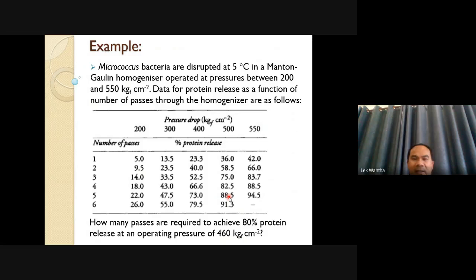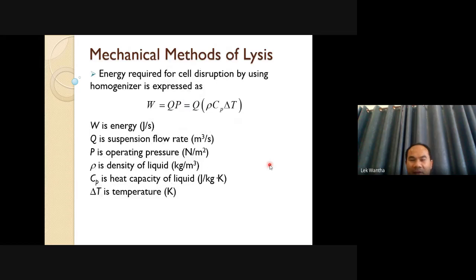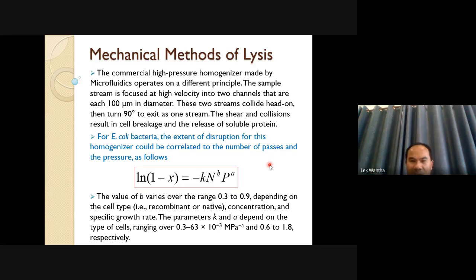The best technique is to calculate with the equation. You have to calculate K and A, because it is a function of N and P, from the experimental data, like the homework. You have to plot some equation. Let me show you how to evaluate A and K, and then you can use this relationship to calculate the passes.